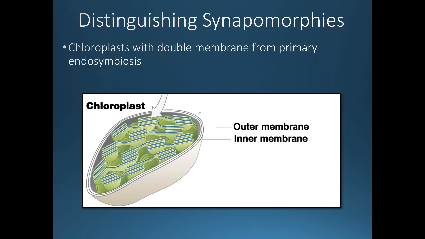Now, one distinguishing synapomorphy for all plantae is that they contain this chloroplast that has a double membrane structure. It arose due to a symbiotic event that we've talked about before, where a cell that contained the mitochondria already engulfed a cyanobacteria that led to all the groups of plantae.